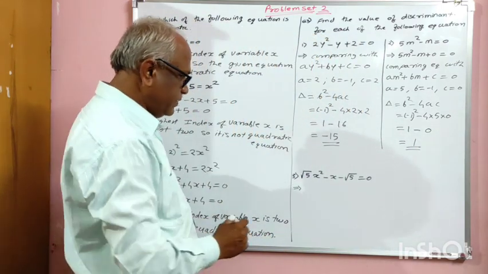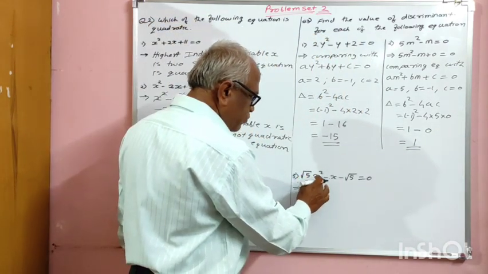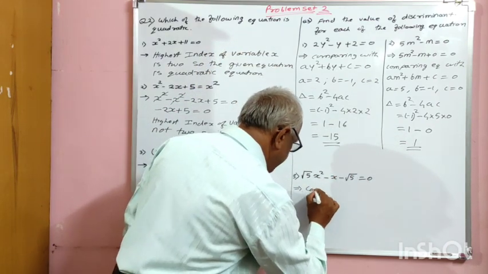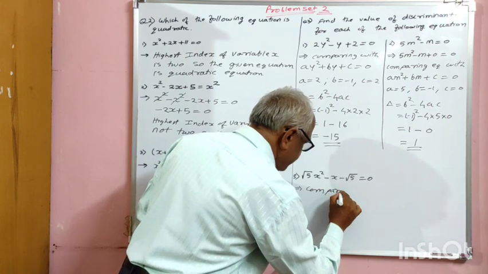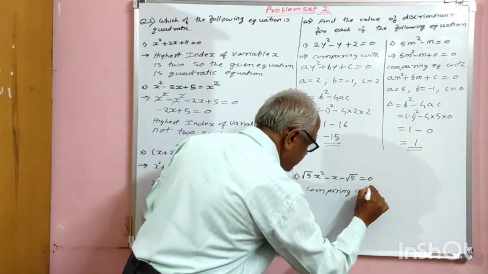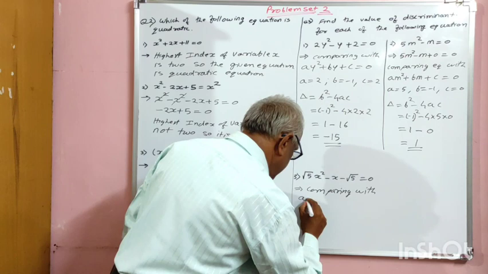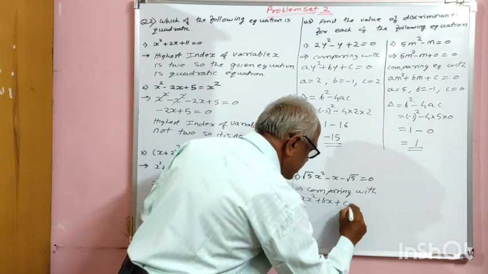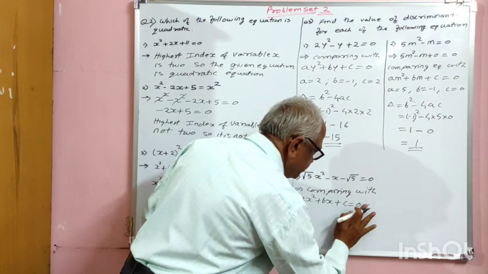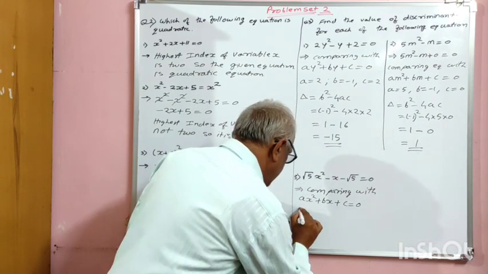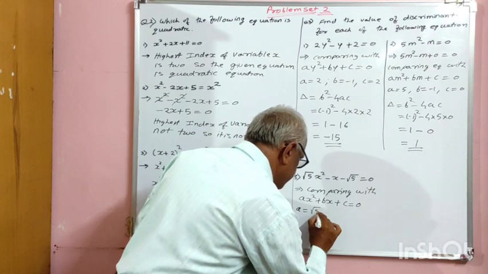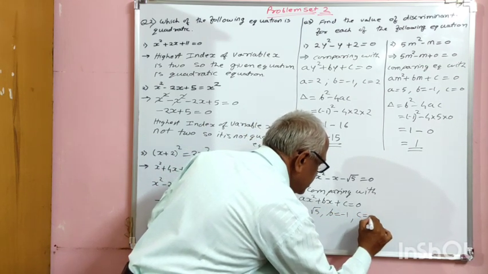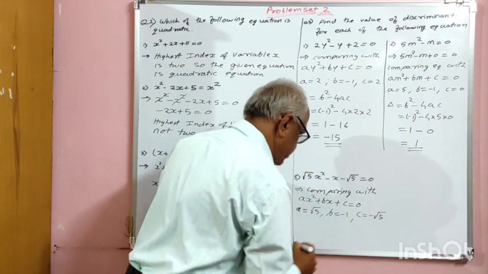Now third example, root 5 x square minus x minus root 5 is equal to 0. Comparing with ax square plus bx plus c is equal to 0, where a is equal to root 5, b is equal to minus 1, c is equal to minus root 5.